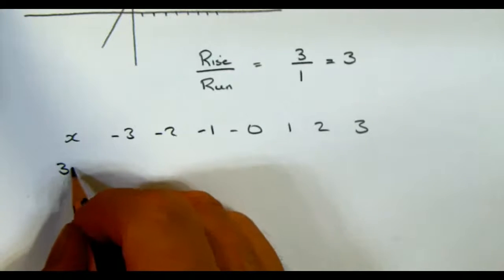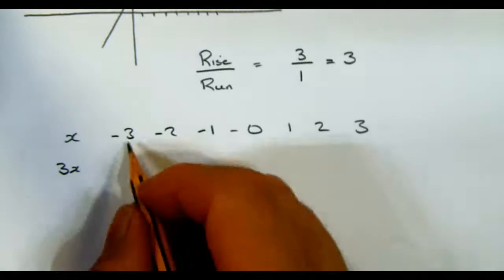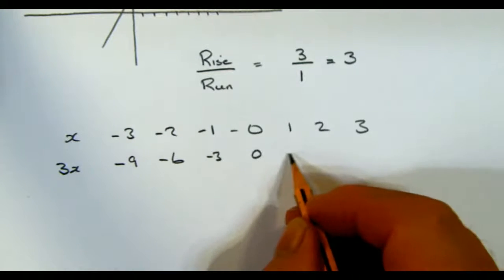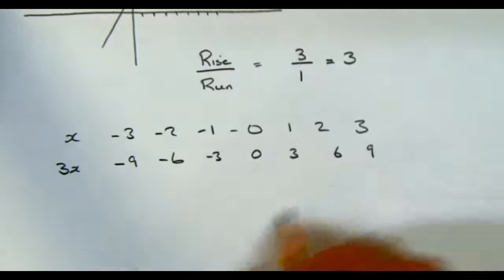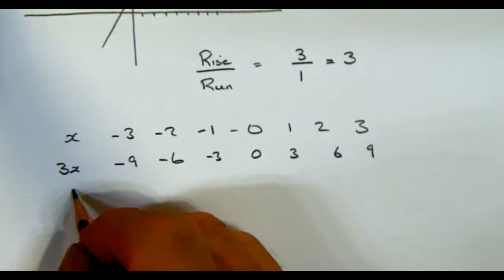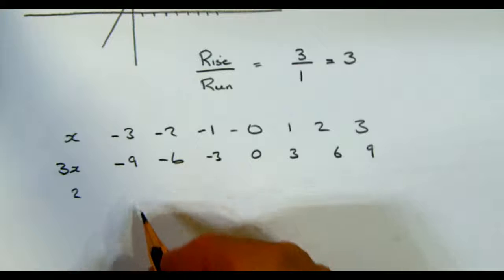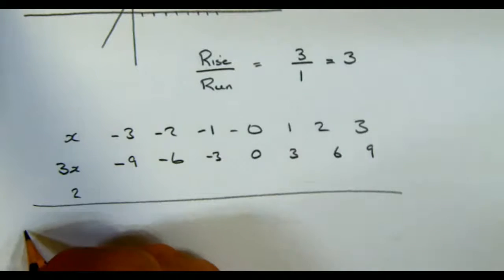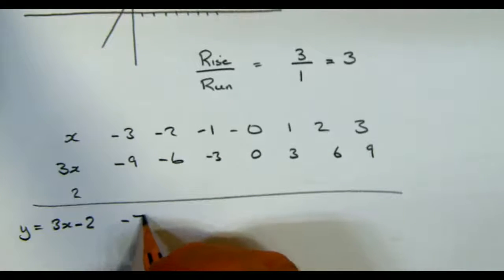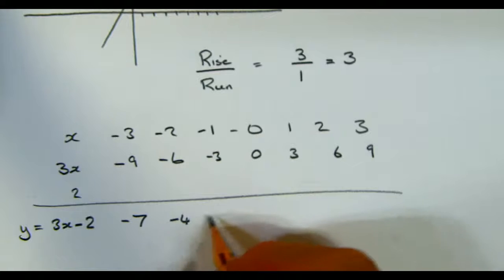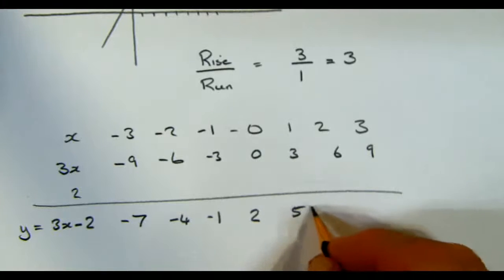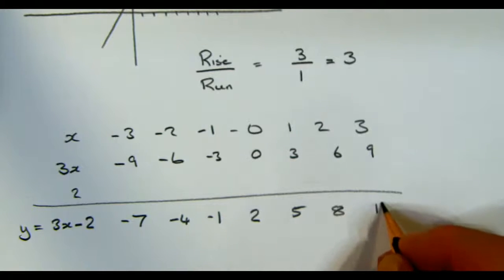So here we're looking at the value of 3x, which is going to be -9, -6, -3, 0, 3, 6 and 9. We're going to take away 2 from each of these, so for y equals 3x minus 2, we're going to get -7, -4, -1, 2, 5, 8 and 11.